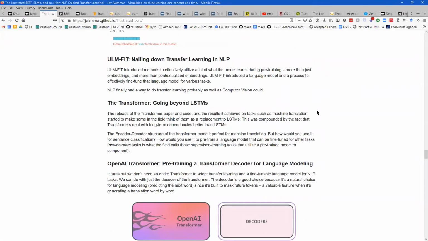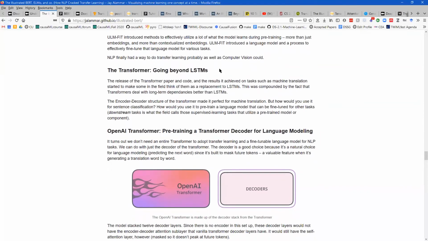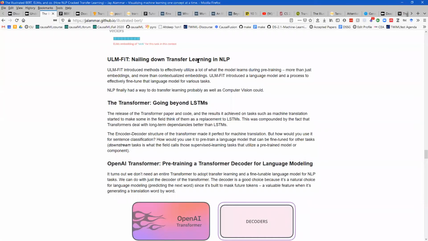Using transfer learning in NLP, Jeremy Howard and Sebastian Ruder wrote this paper where they showed how using a language model to start with, and then fine-tuning it for different tasks was a good idea, just like it was in computer vision problems.